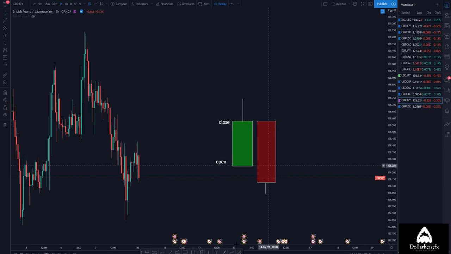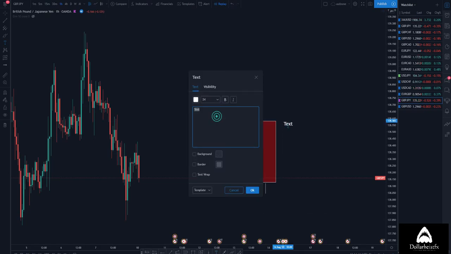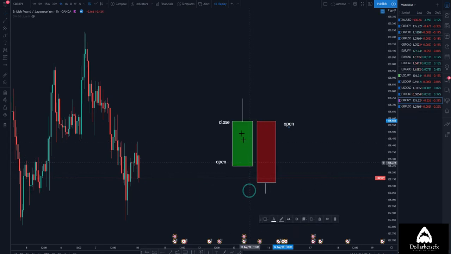Like I said, this starting point right here is your open. Because it closed on the previous candle right here, it has to open at the same level as the close. It doesn't matter if the candle goes up or goes down.